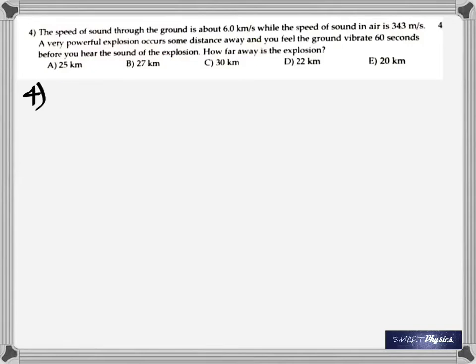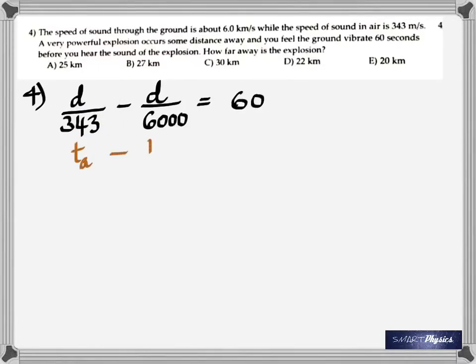So it's the time difference. Therefore we set up an equation for time difference, and time is distance divided by speed, and therefore the time through air minus the time through the ground is delta t.